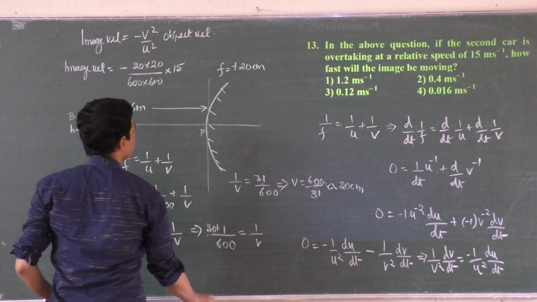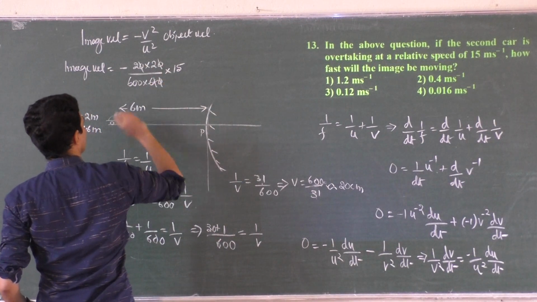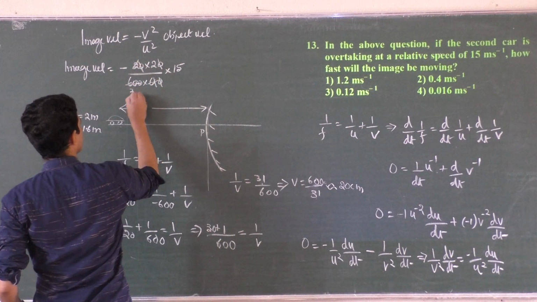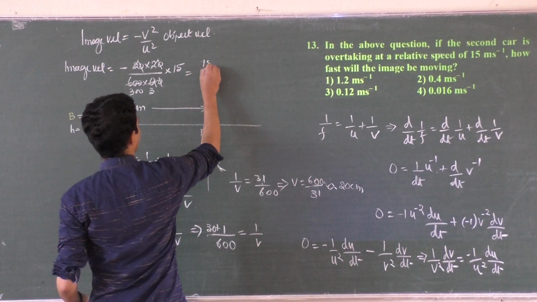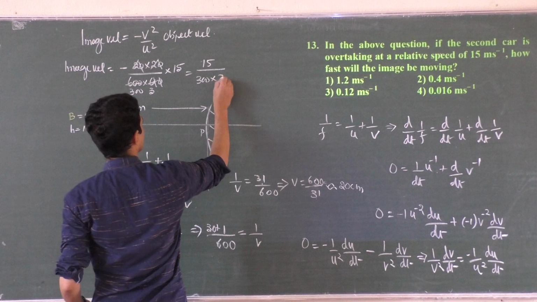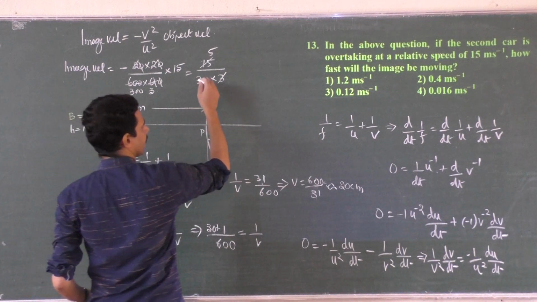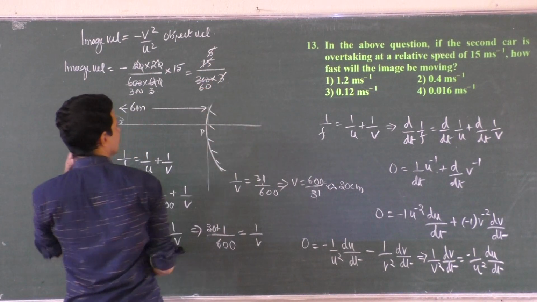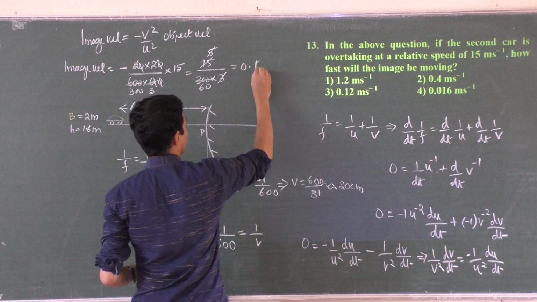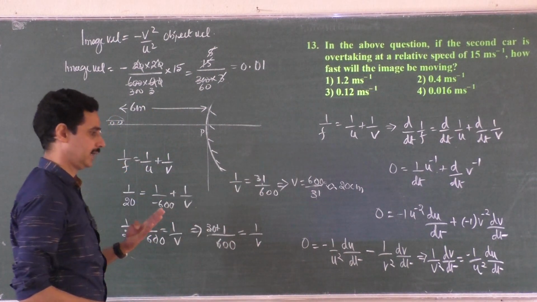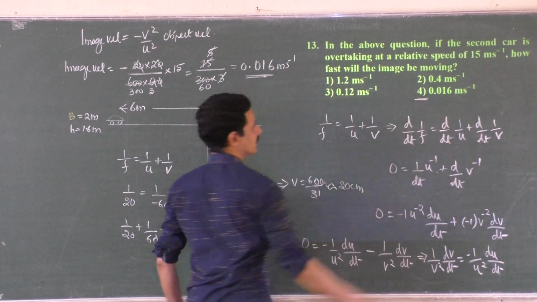Okay, what will be the answer now? 2 zeros will get cancelled. 15 divided by 300 into 3, 3 fives are 15, and 5 sixties are 300, right? 1 by 60 is 0.016. Here you have the answer. So this is the velocity of the image, 0.016 meter per second.